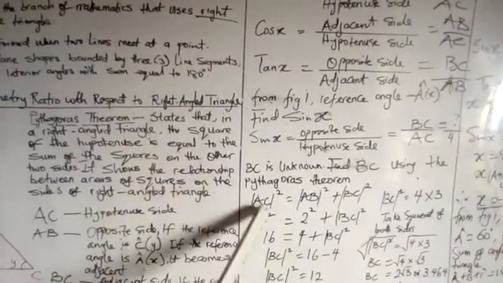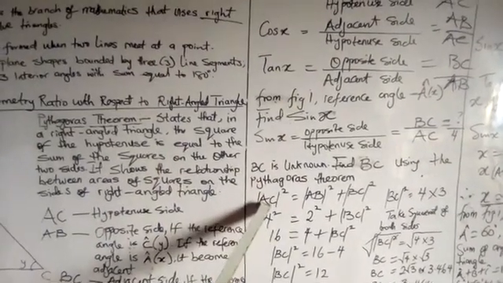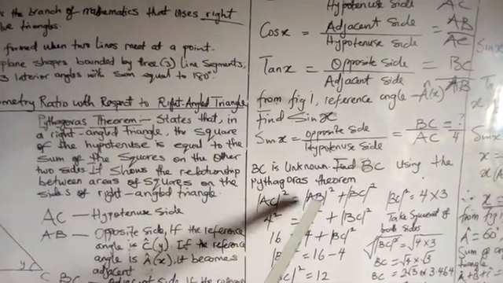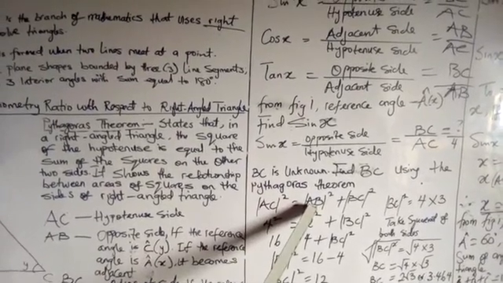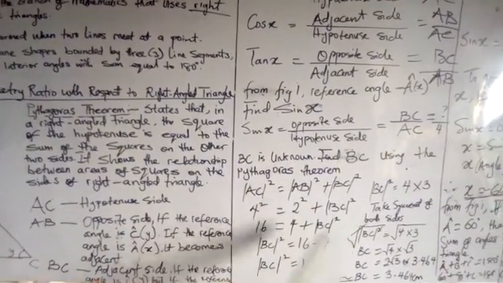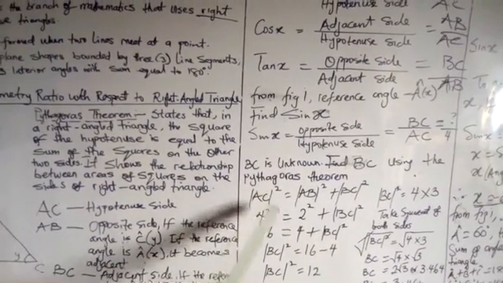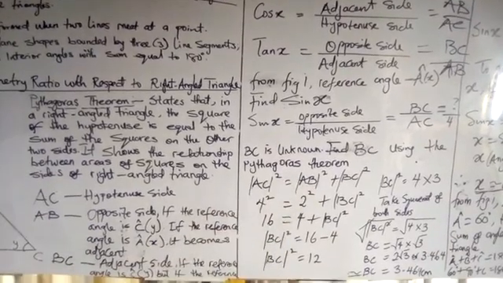Our AC is the hypotenuse. Our AB is the adjacent, while our BC is the opposite. Our AC is 4, so we have 4 square. Our AB is 2, so we have 2 square.